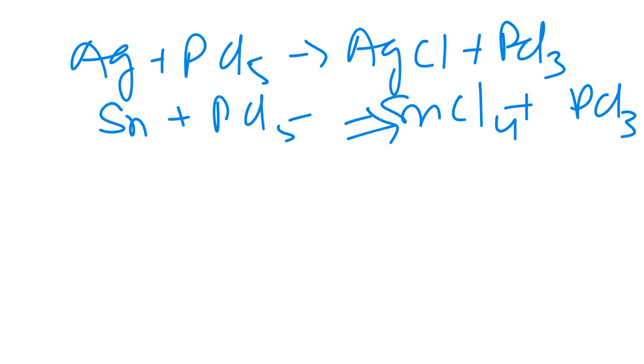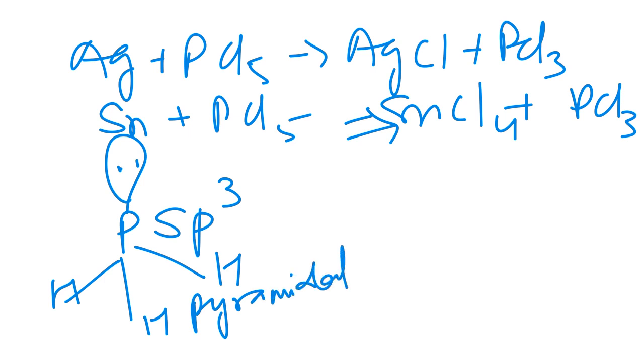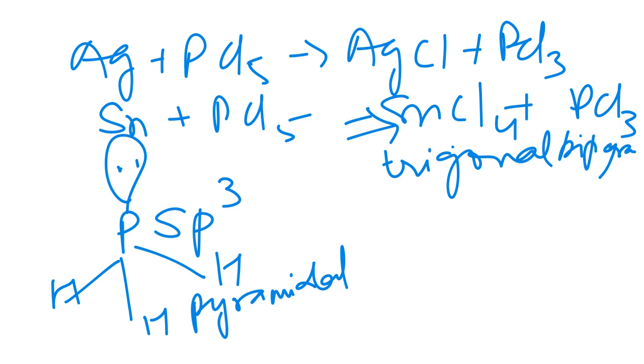Now the structure of these both things, phosphorus chloride, it has tetrahedral structure and sp3 hybridization. Not tetrahedral, it is slightly pyramidal in structure. And here this is having trigonal bipyramidal structure. You already studied in 11th also, bipyramid.